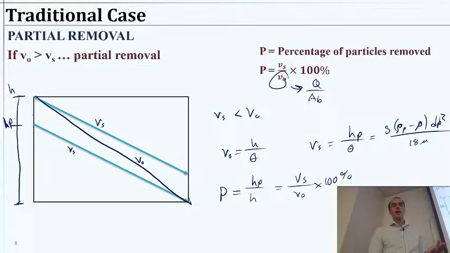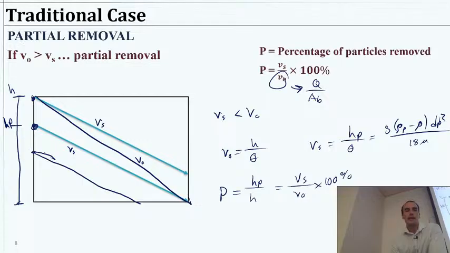This is imagining I have a particle that starts here and some other particle that starts here. And so if we take the same size particle that's traveling the same speed as a terminal settling velocity and put it in different spots, you'll notice that anything that's placed, given how this is drawn, at HP or lower, going at that speed, will be removed. But anything above there is not being removed because anything that does not hit the bottom before exiting is not removed.